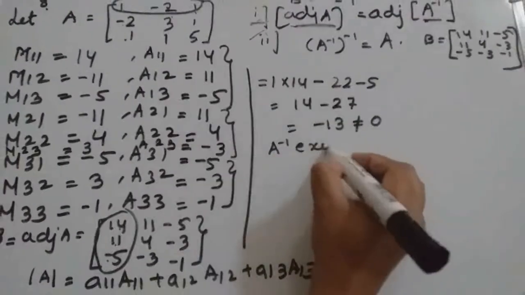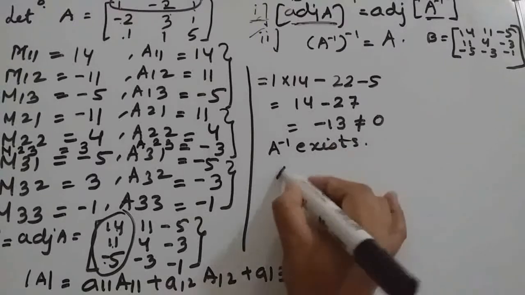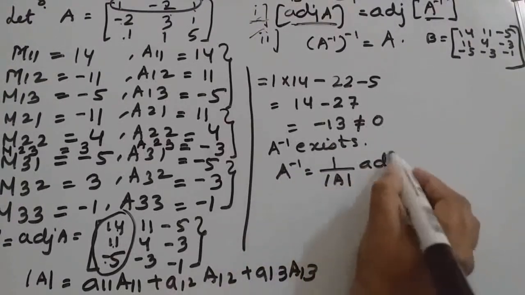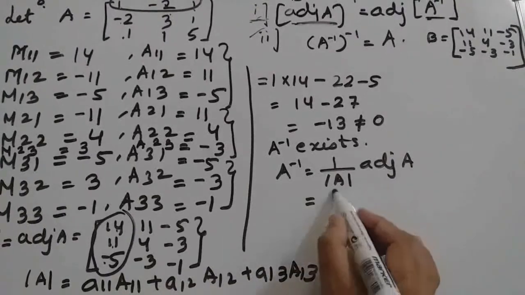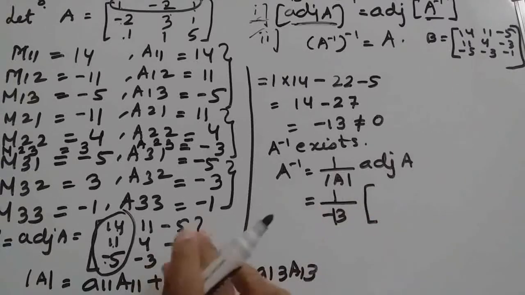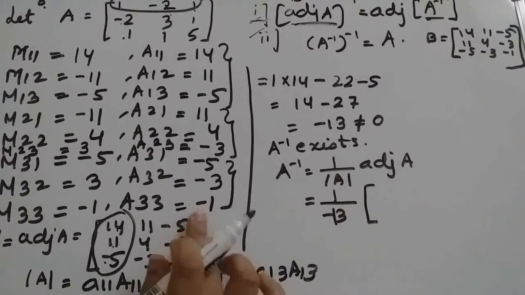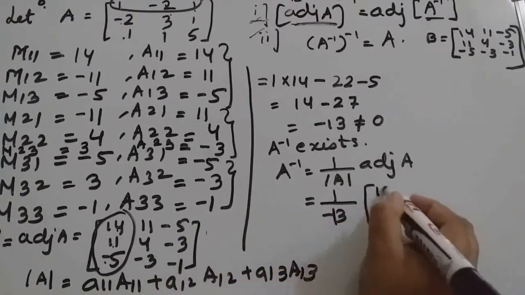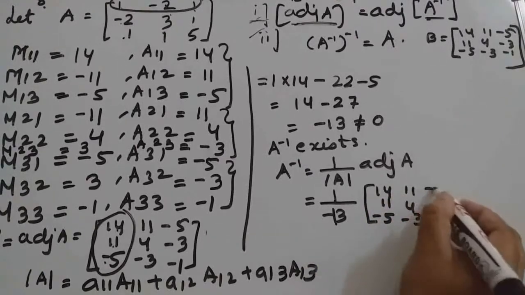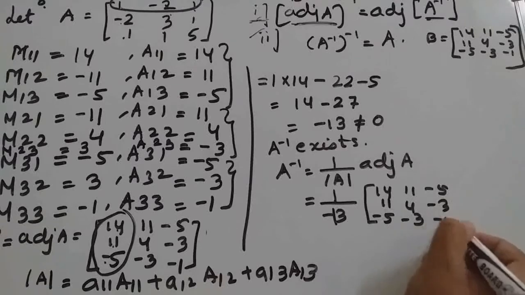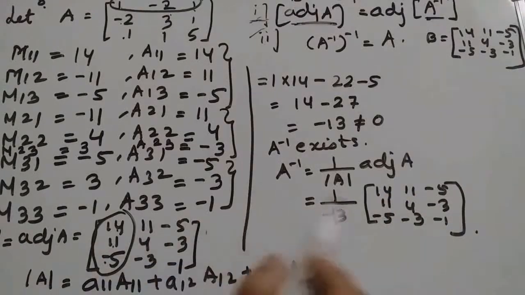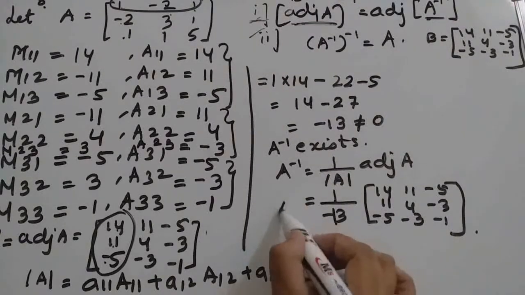So A inverse exists, and that A inverse will be 1 by determinant A times adjoint A. So determinant A we got as minus 13 and adjoint A means this matrix. Okay, now A inverse we got.